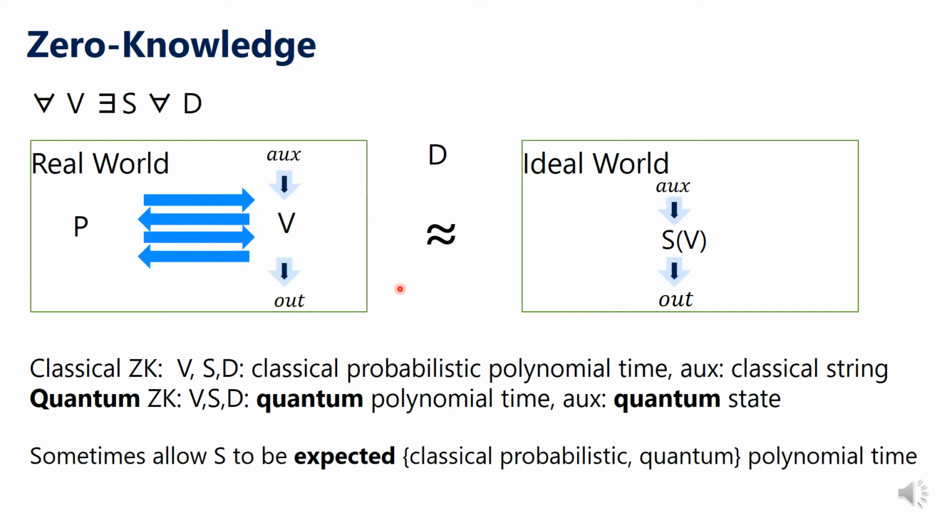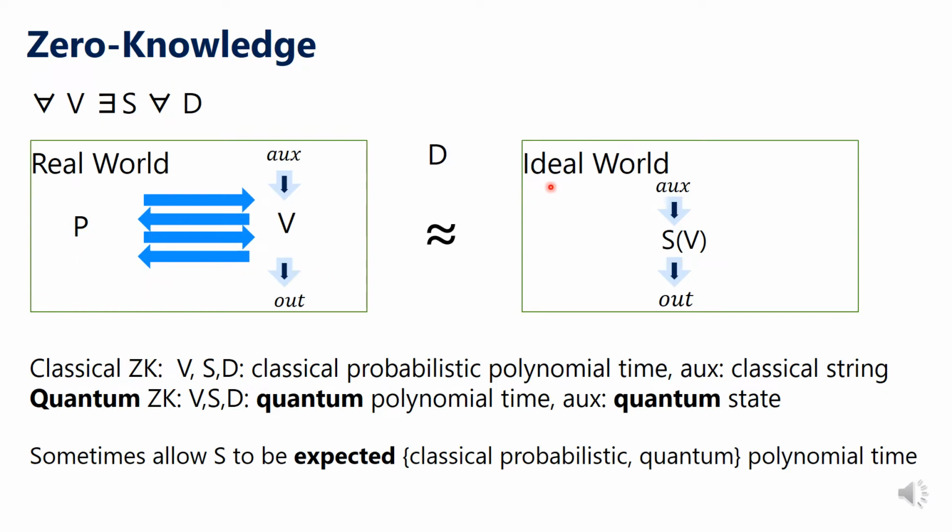The formal definition of the zero-knowledge property is given as follows. For any verifier, there exists a simulator such that for any distinguisher, the distinguisher doesn't distinguish the following two worlds. The first is the real world, where the verifier gets some auxiliary information, interacts with the honest prover, and finally outputs some output.